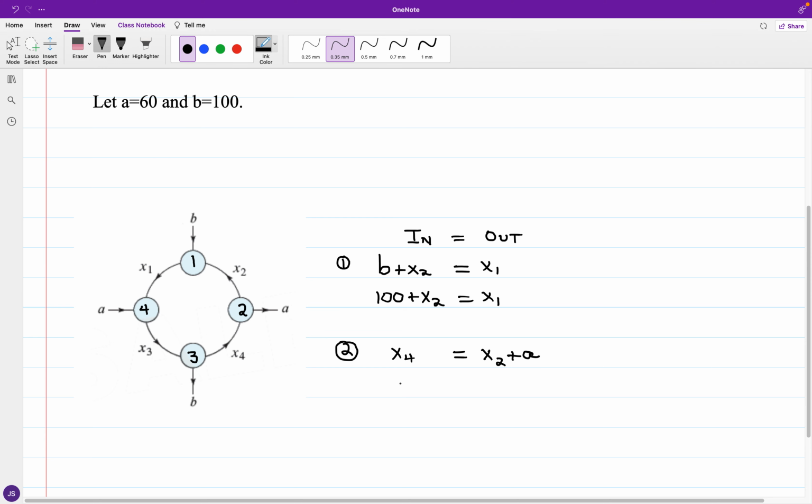With a at 60, we have x of 4 is equal to x of 2 plus 60. For the third juncture, going in we have x of 3, and exiting we have x of 4 and b. Again, b is at 100.